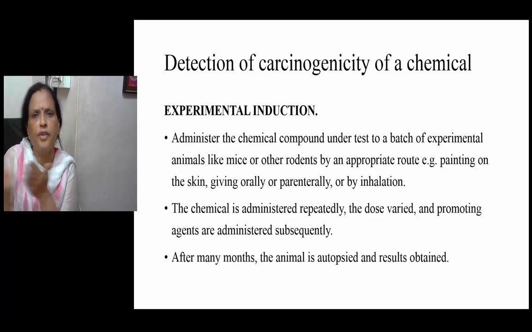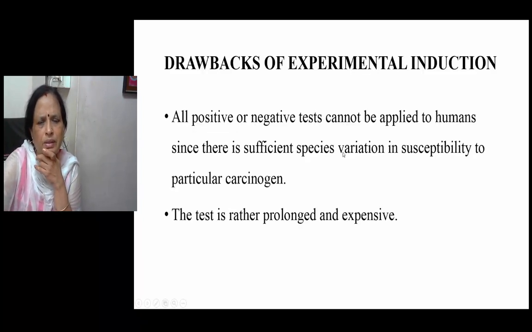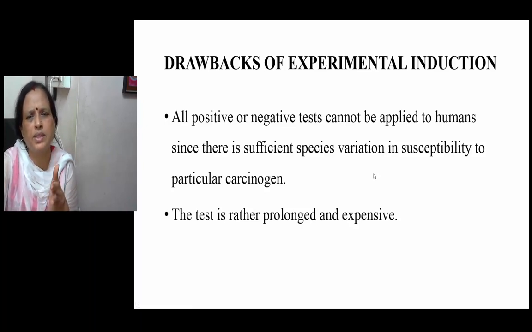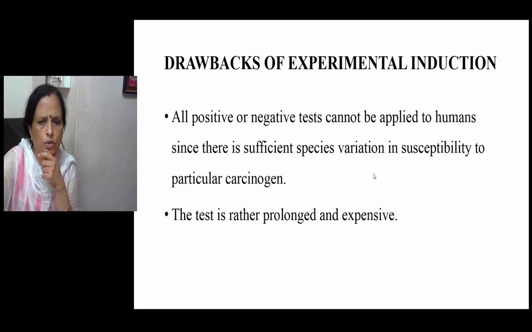Then different doses and varying periods, we need to know how long it takes and all that. Then the animal is sacrificed and studied. Of course, it has got a lot of drawbacks. We can't say all positive or negative tests can be applied to humans. We can't say if it occurs in experimental animals, it occurs in humans also.